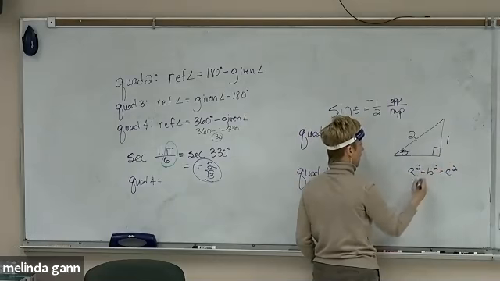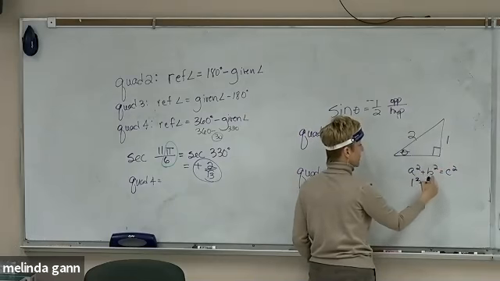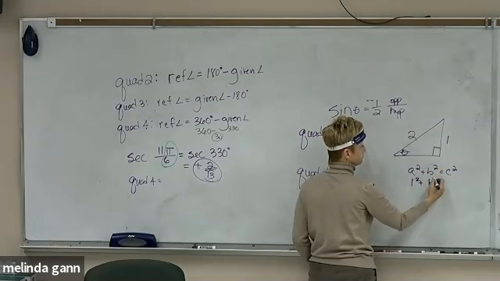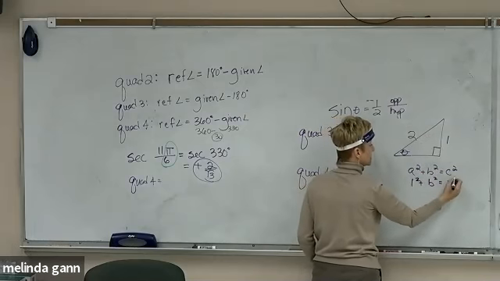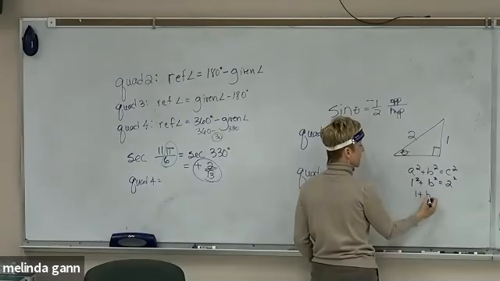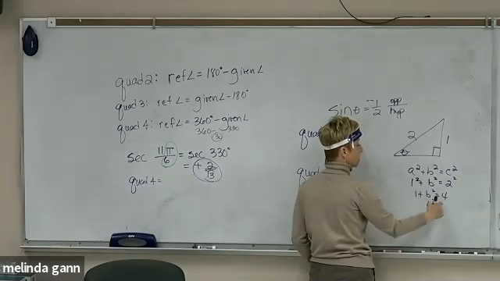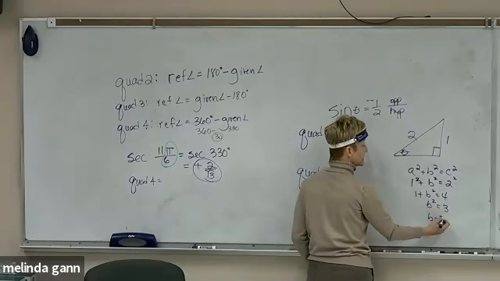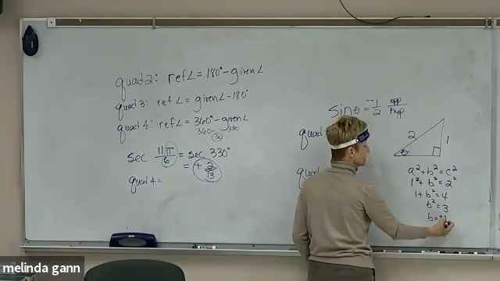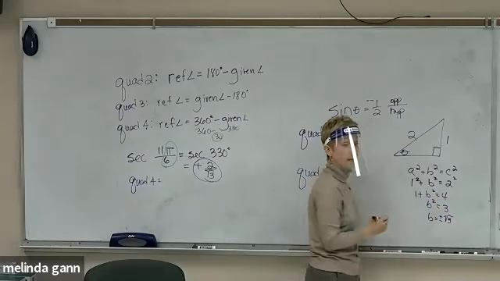Leg. I know the hypotenuse is 2. So 1 plus b squared is 4. So b squared is 3. So b is either a positive or negative square root of 3.